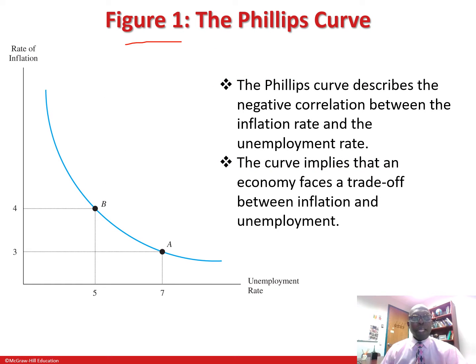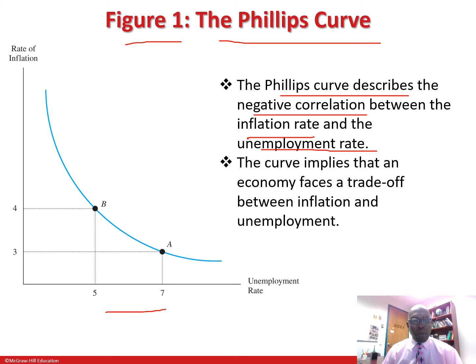Figure 1 illustrates the Phillips curve. The Phillips curve describes the negative correlation between the inflation rate and the unemployment rate. As we can see on the graph, if the government tried to reduce the unemployment rate from 7 to 5%, the inflation would increase from 3 to 4%.